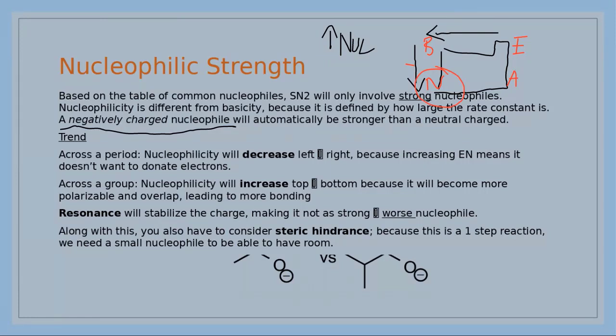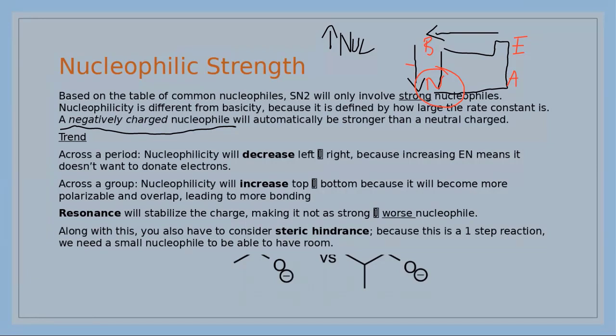So now let's talk about resonance. Resonance most of the time actually will help basicity and electrophiles, but in this case, it's going to make it a worse nucleophile. Because as we remember before, resonance stabilizes charges and radicals, right? It makes it spread out so that it's more stable and it can exist on its own.